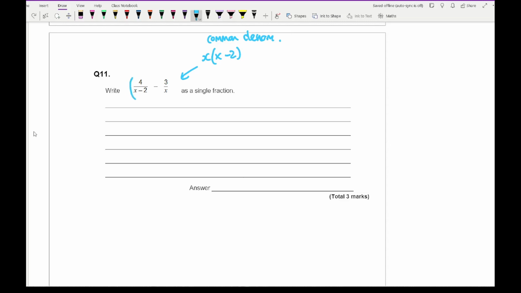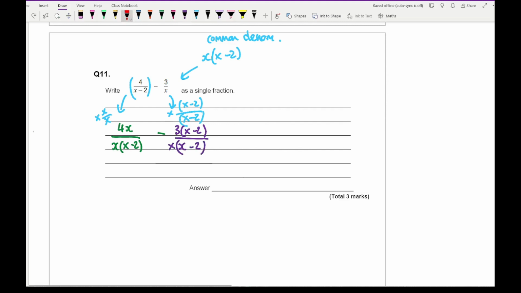So I multiply this fraction by x, and I'm going to multiply this fraction by x minus 2. So what do we get? Well, we're going to end up with 4x over x minus 2 minus, and I'm going to end up with 3x minus 2 over x minus 2 with an x in front.